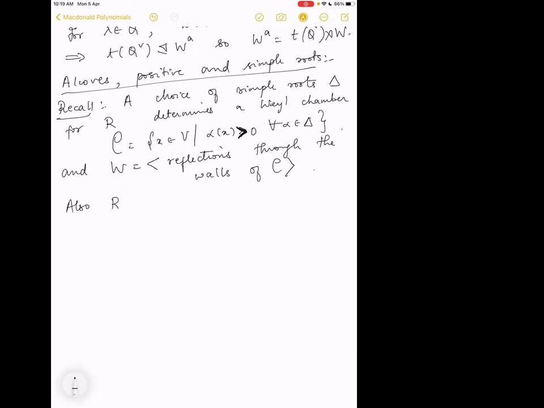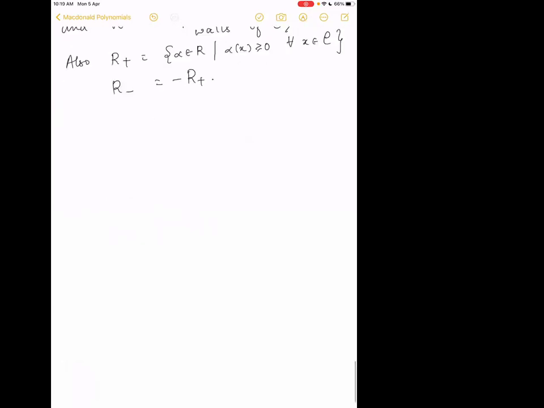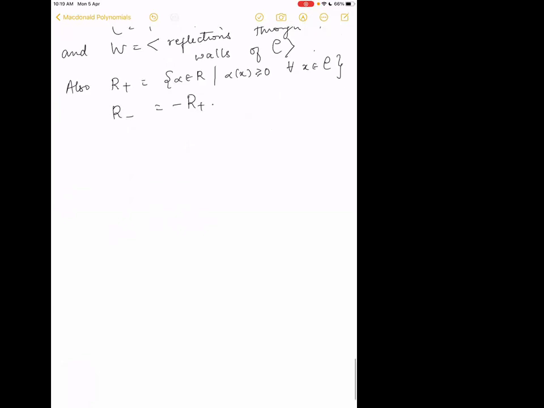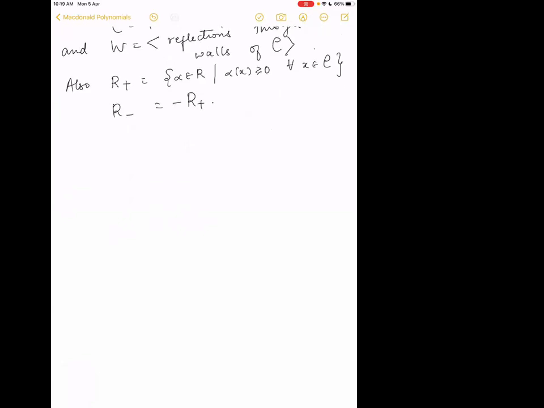And also R plus, the positive roots, is the set of all alpha in R such that alpha of x is greater than or equal to 0 for all x in C, and R minus is minus R plus. These are all things that we know for the finite root systems. And we can do something similar for affine root systems. We can fix an alcove in V, and then that will allow us to talk about positive affine roots and negative affine roots.